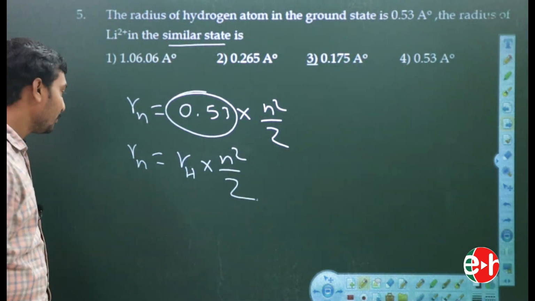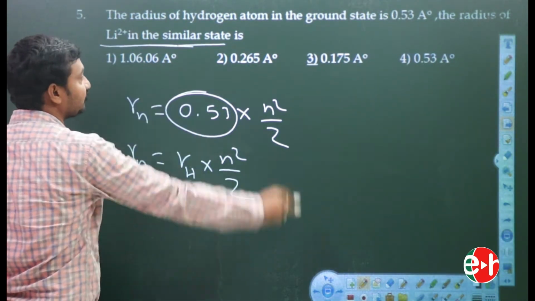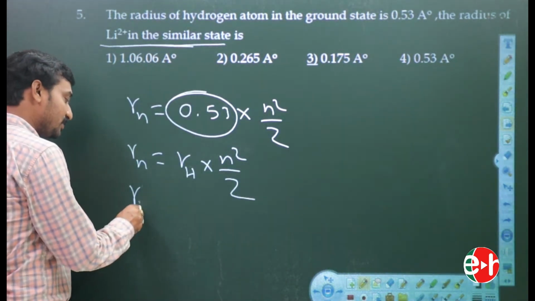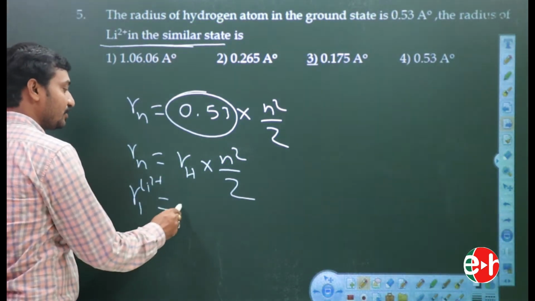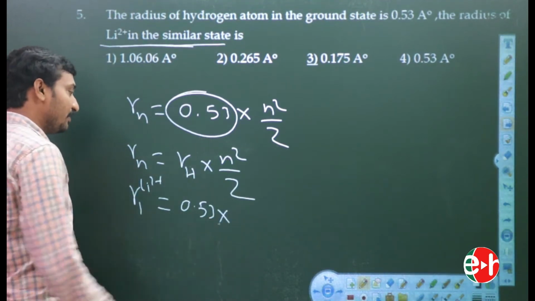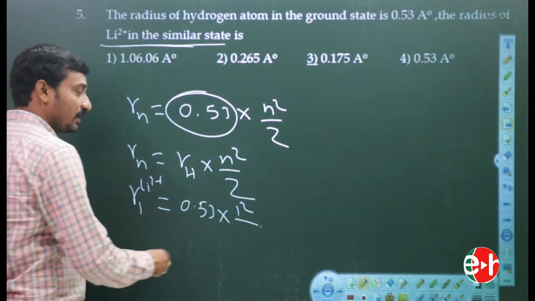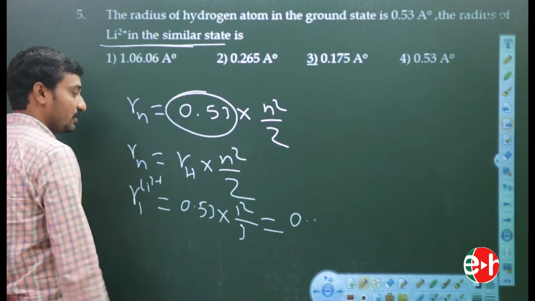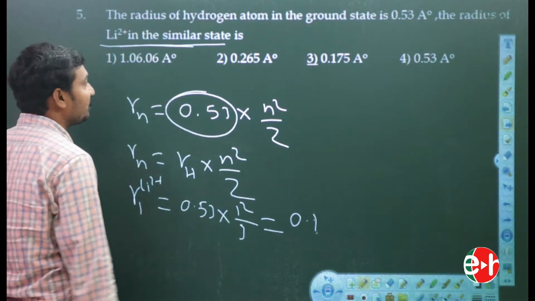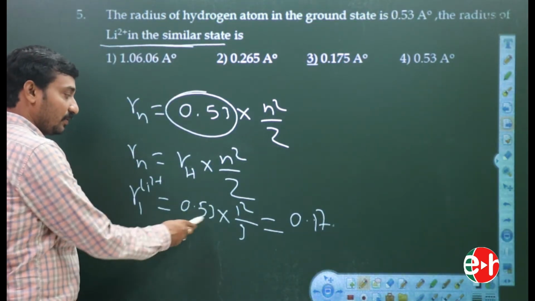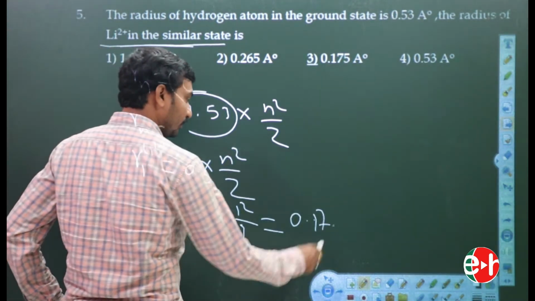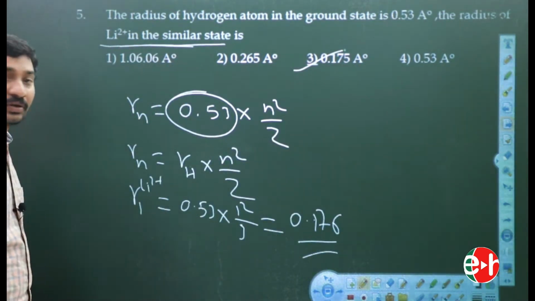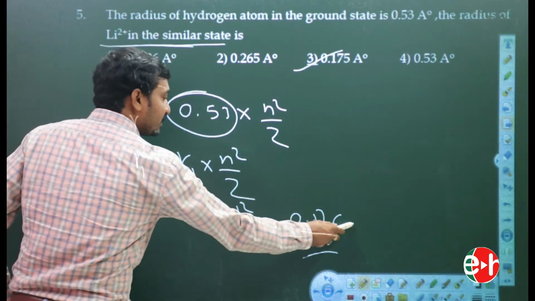For the same orbit, the first orbit of Li2 plus, it is 0.53 into 1 square by z, where the atomic number of lithium is 3. So the result is 0.176. So 0.176 is the right answer.